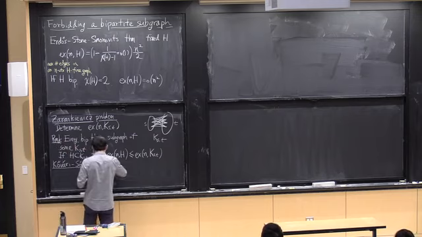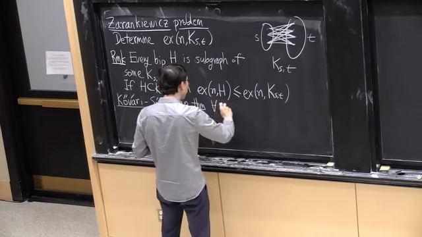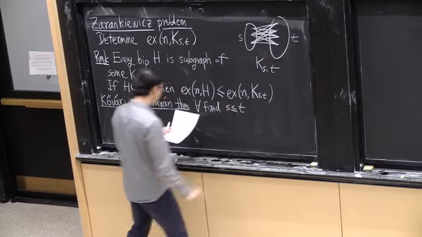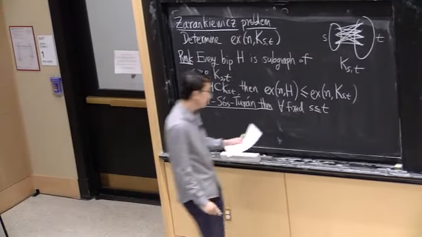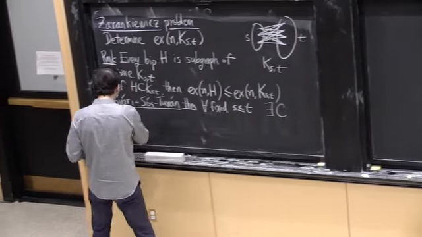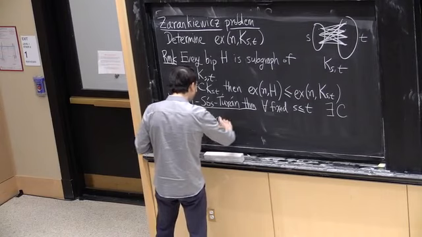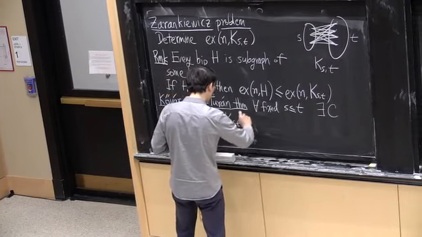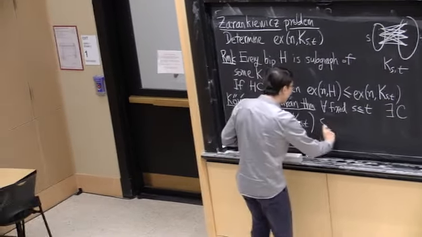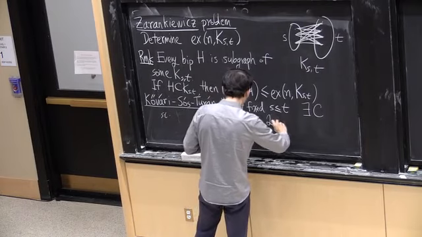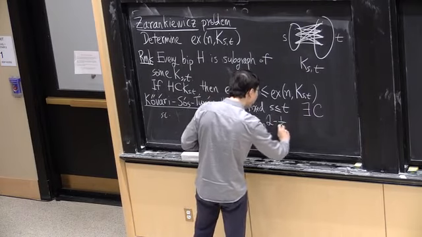The Kővári-Sós-Turán theorem tells us that for every fixed integers s and t, s at most t, there exists some constant c such that the extremal number is upper bounded by something on the order of n to the 2 minus 1 over s.